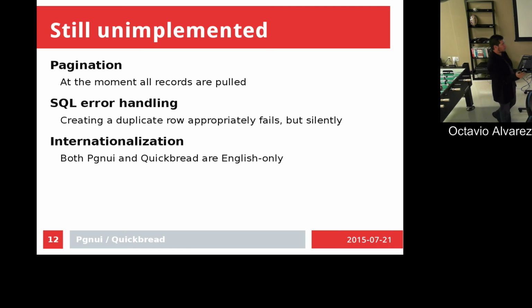So we may have to add extra tables, specific to Quickbread and Pgnui, in order to provide that support, because PostgreSQL doesn't provide it, and maybe PostgreSQL doesn't need to provide that. We can do that. We may add an internationalization table for identifiers for different languages, and hopefully it will magically work.